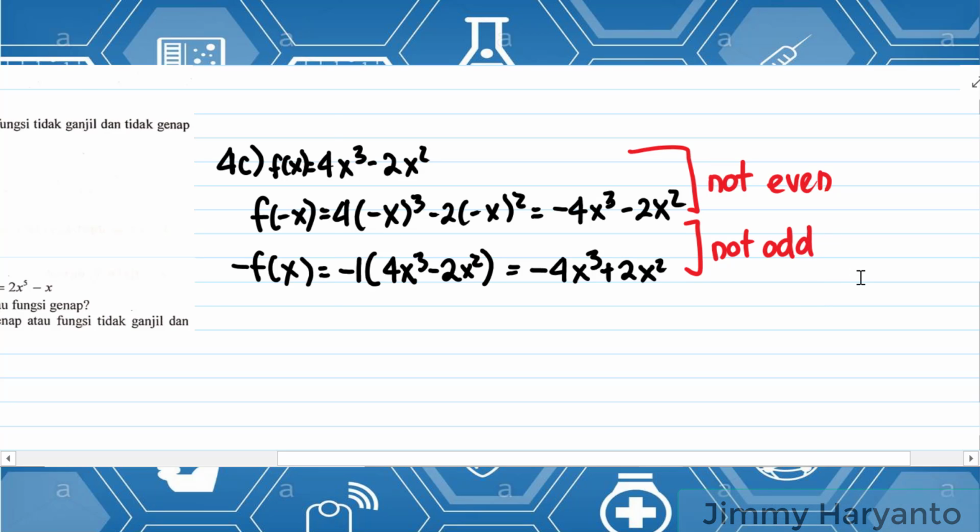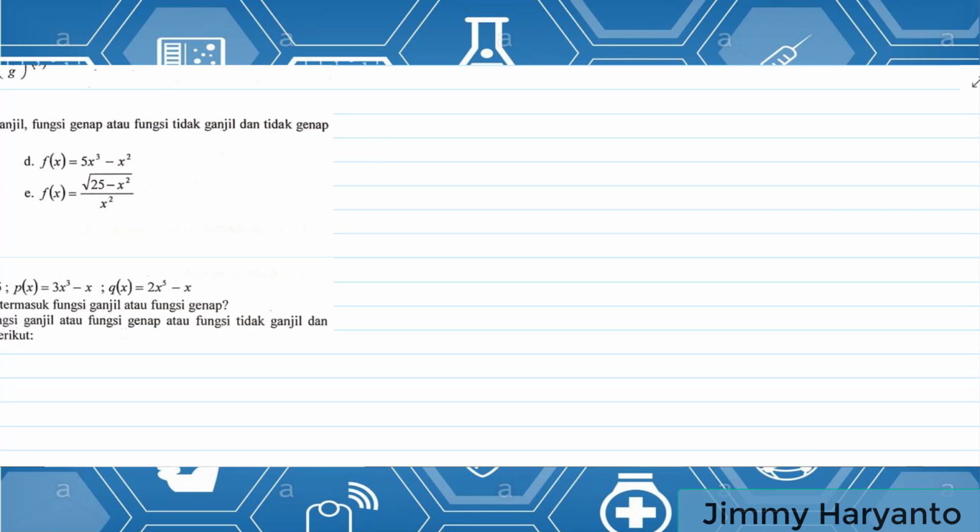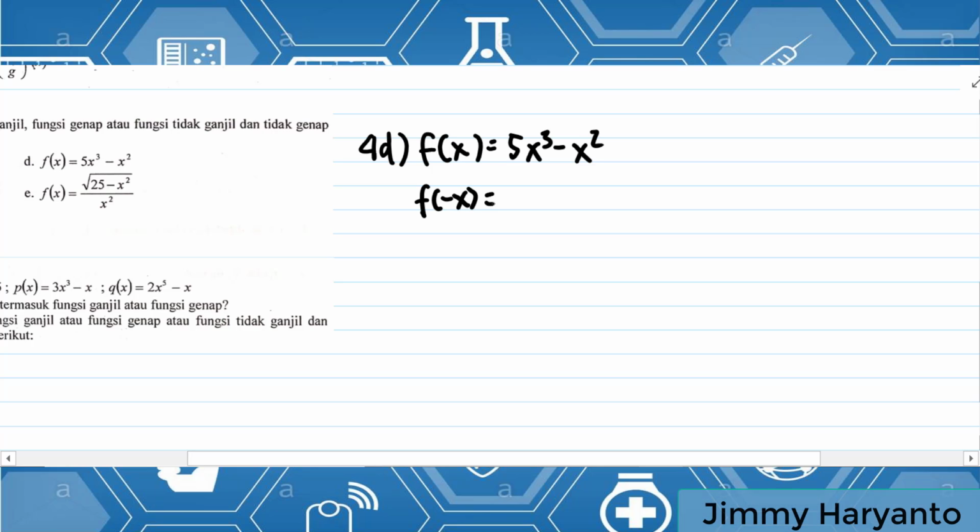Next, number 4. Okay, for D, we have f(x) equals 5x cubed minus x squared. First we have to find f(negative x). That means 5 times negative x to the power of 3 minus negative x squared. The result will be negative 5x cubed minus x squared.